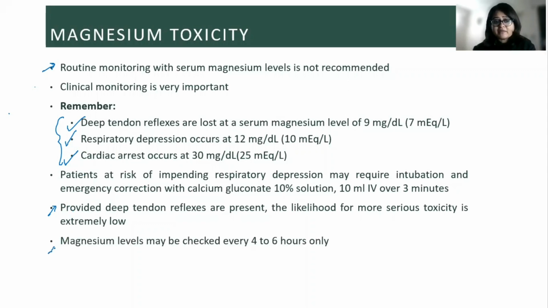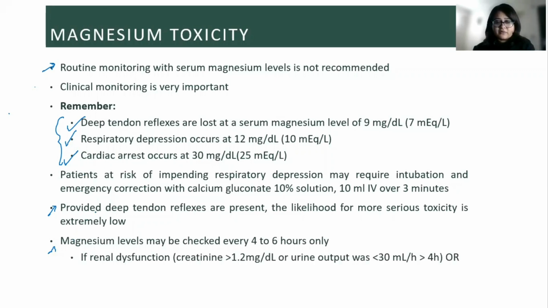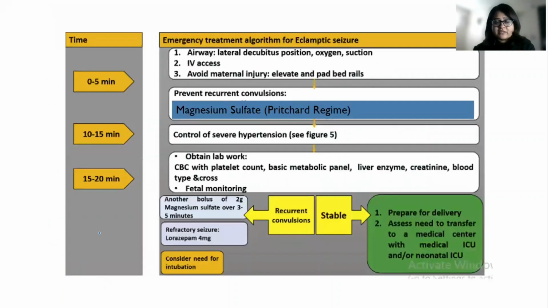And if you find clinical symptoms of toxicity, then you can check the magnesium levels every 4 to 6 hours. So when do you check this? As I said, if the urine output is less or creatinine is high, or if there are signs of magnesium toxicity.